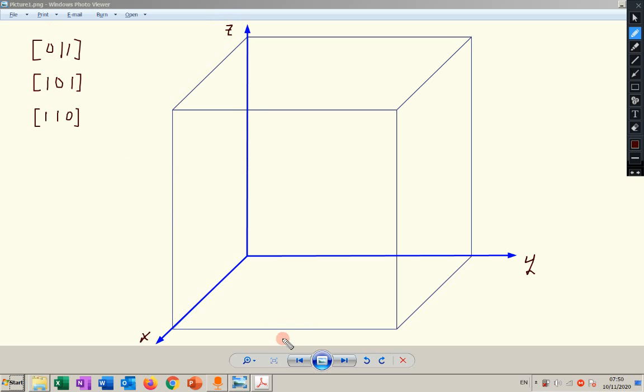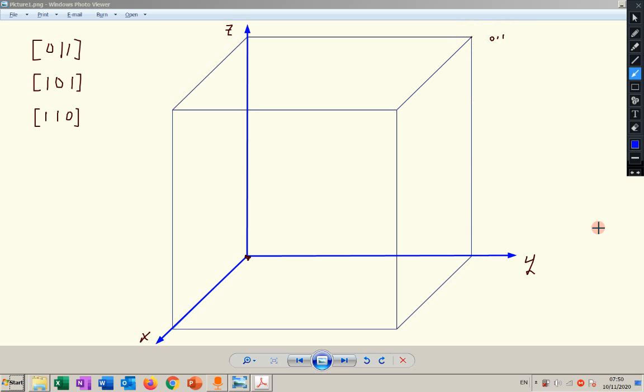So every direction's tail will be at origin. Then those will be the coordinates for the head. So 0, 1, 1: 0 in x, 1 in y, 1 in z. That's the coordinate of 0, 1, 1.